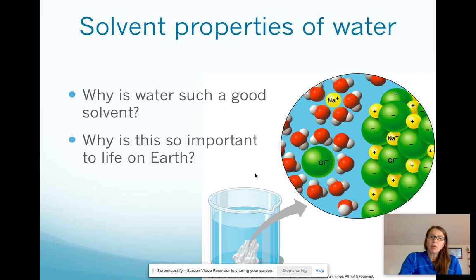And that's really important to life on Earth because we use water to transport things within our own body. Think about our blood, it's an aqueous solution that has all of these different things dissolved in it to move around. In single-celled organisms, that's how things pass across the membrane. So it's really important that water can move these ions that are crucial to living organisms.